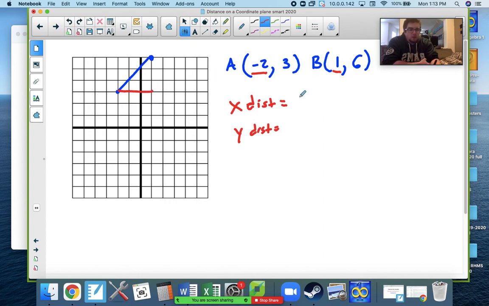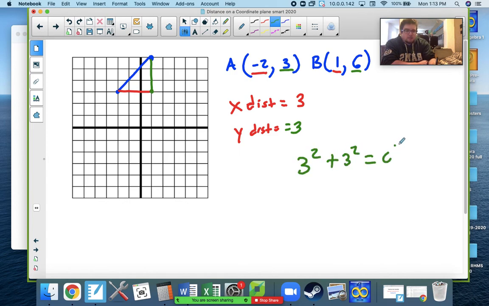From -2 to 1, that's a distance of 3. It's the same number of boxes we see over here. We then do the same thing with our y distance. From 3 to 6, it's also 3. Those are our 2 legs of our problem.